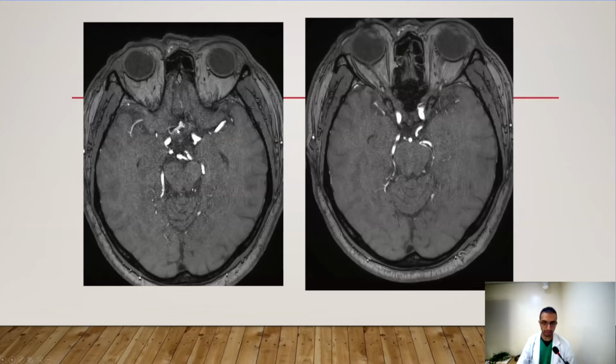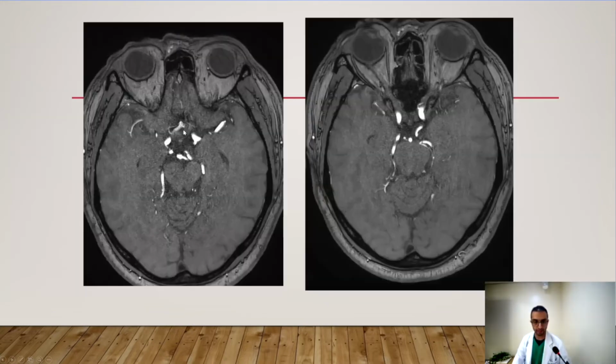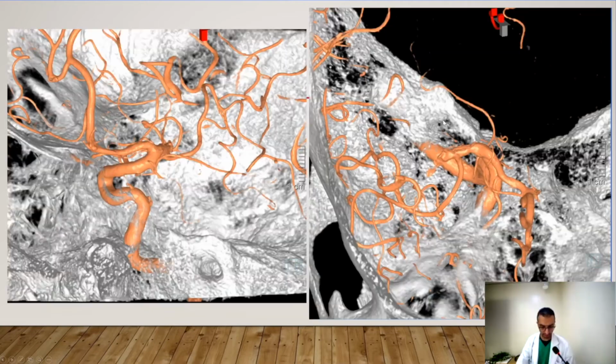I think the 3D performs much better in revealing the anatomy. So this is the right from the A1, and this is the left at the level of the carotid. So this is the right side. Again, this is the ophthalmic, and this is the MCA and ACA, and this is the ophthalmic origin.